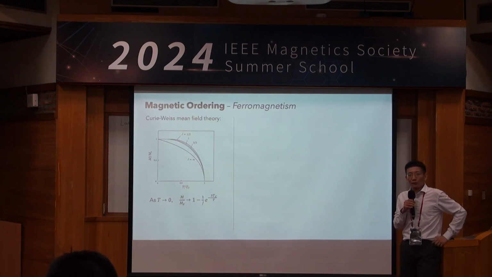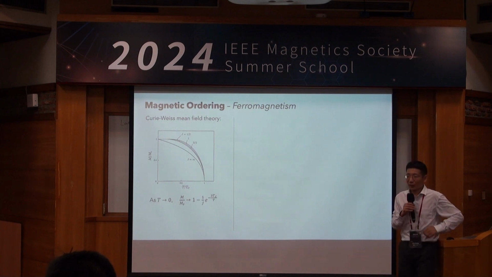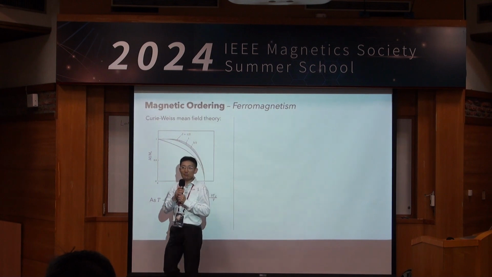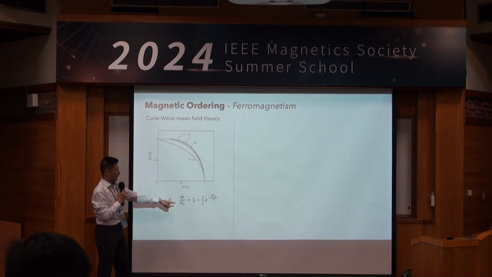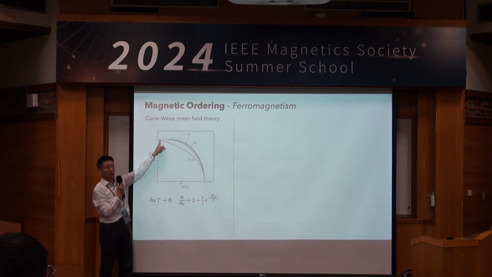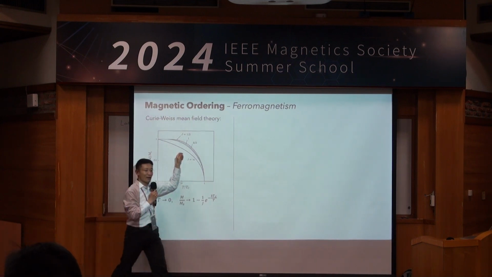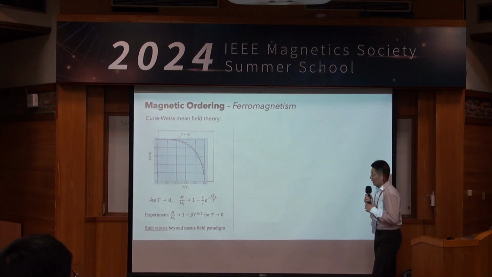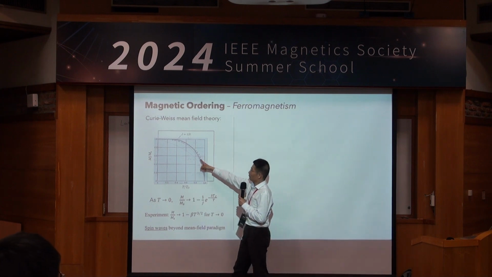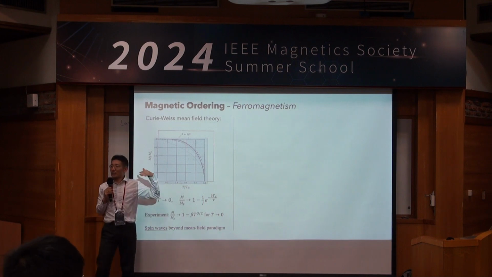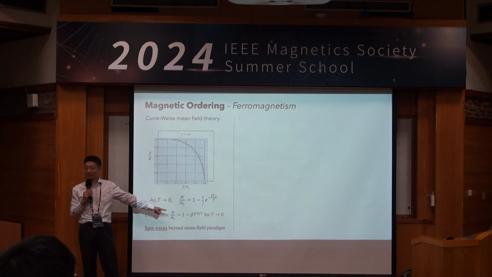It also suffers from a series of problems. For example, if we push to zero temperature, then the mean field theory predicts an exponential asymptotic behavior towards the saturation. However, experimentally, we get a different answer. If you fit the experimental curve, then the magnetization approaches saturation following a power law instead of an exponential law.